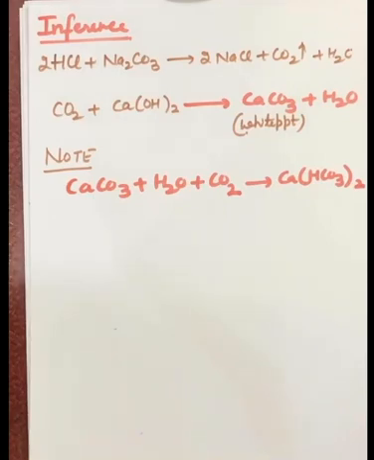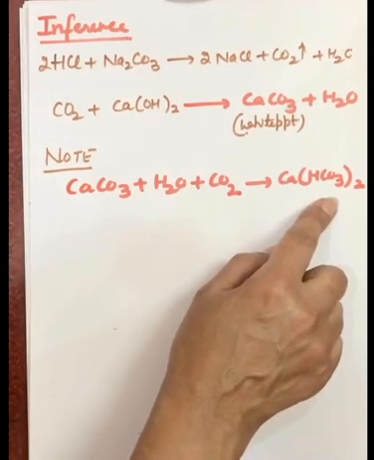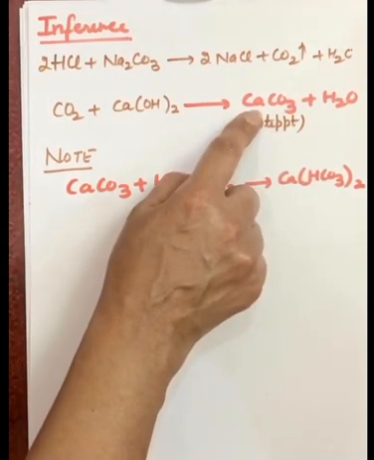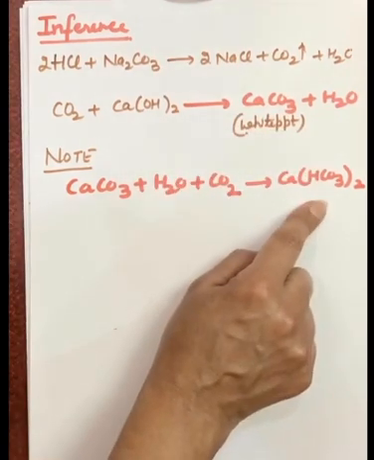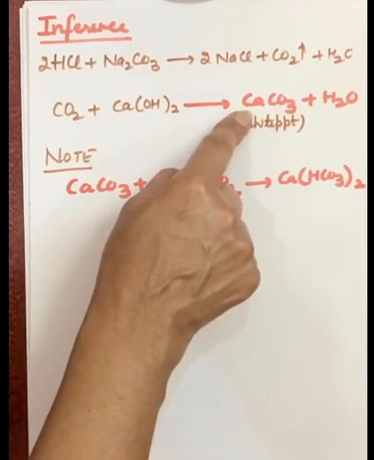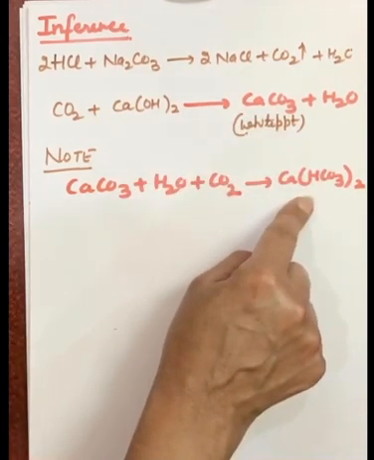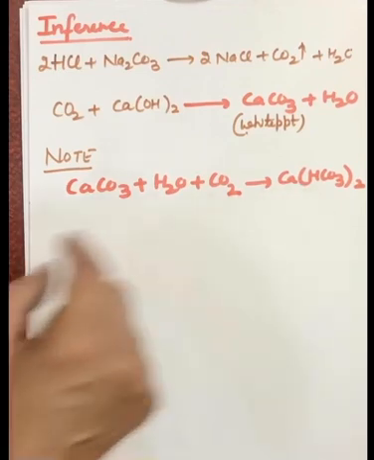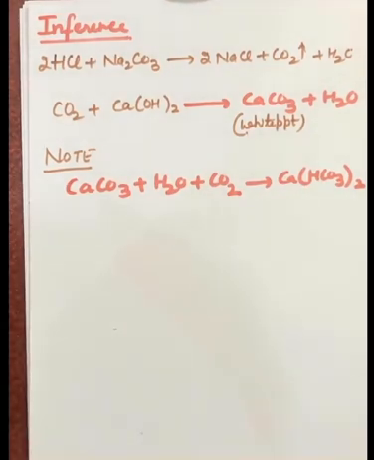Then the calcium carbonate will start changing to calcium hydrogen carbonate. This will not be there. Instead of this, now there will be calcium hydrogen carbonate, and because of that the milkiness will disappear, because calcium carbonate only is white. This is again colorless, so milkiness will disappear here. That is the important point.